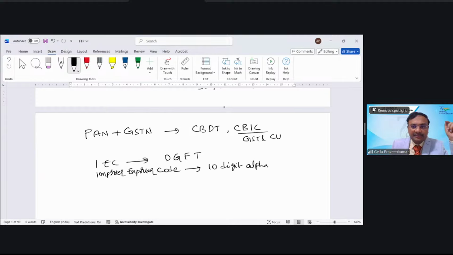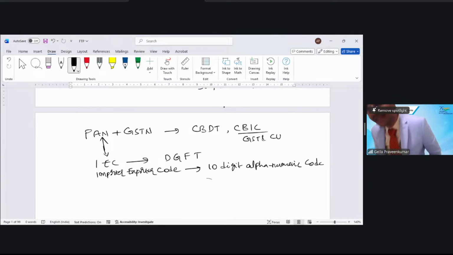Now, this is a 10-digit alphanumeric code. My IEC is a 10-digit alphanumeric code. This is as good as your PAN. Whatever is your PAN, that would be the IEC. Please remember, just because you have a PAN, you cannot say, sir, I have an IEC.